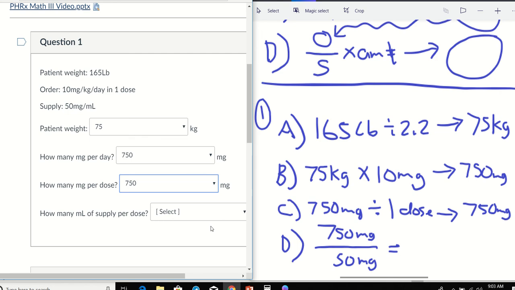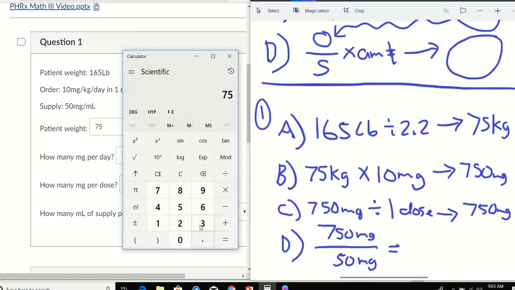It's only one dose. And then order over supply, order is 750. The amount of the supply is 50 milligrams per ml. So let's punch that in. 750 divided by 50, and you need 15 mLs per dose.